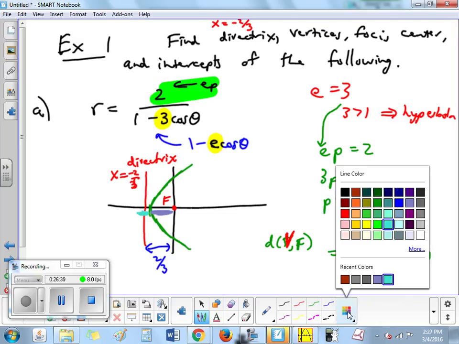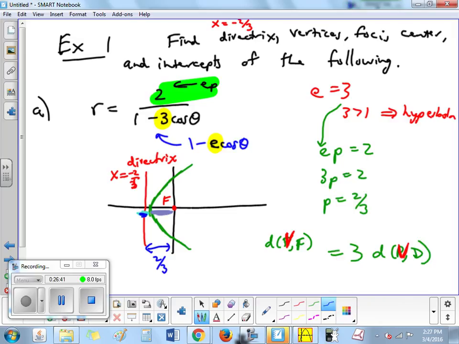Let's get a darker blue. See the gray and the blue? Their ratio is 3 to 1. That's what it means. All points on the curve obey this rule, vertex included. So that distance is triple what that distance is.